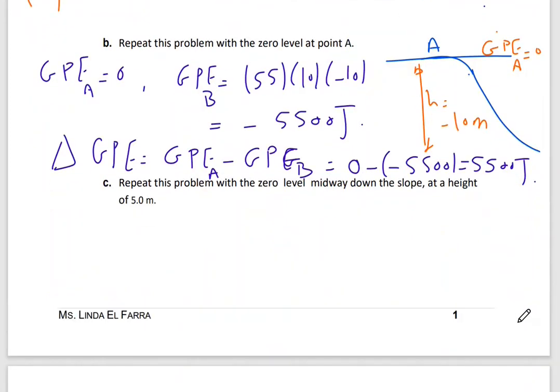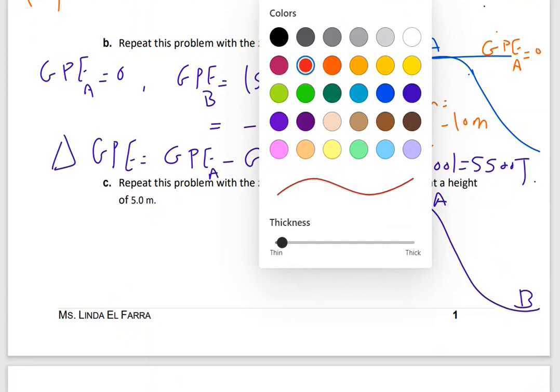Okay, C: repeat the same problem with zero level midway down the slope at height 5 meters. So here I have A, this is the point A, and point B. Midpoint of the slope means here in the middle.